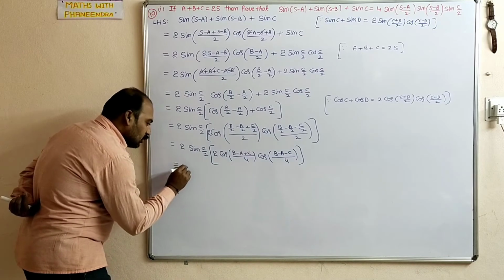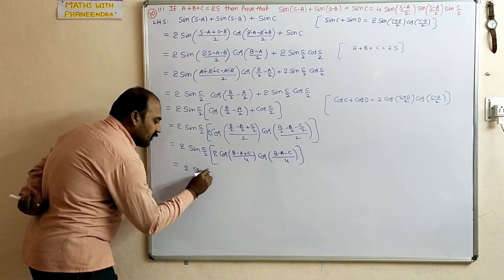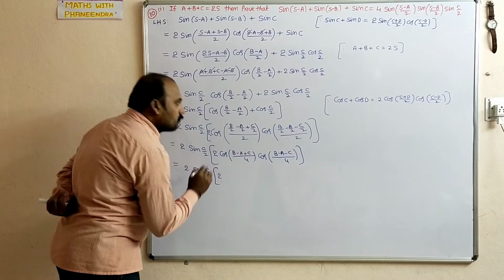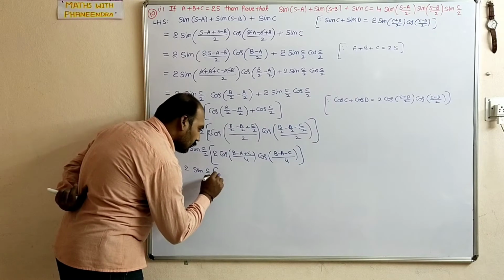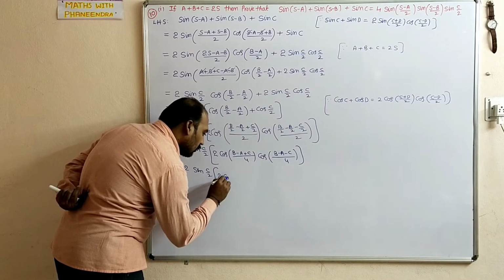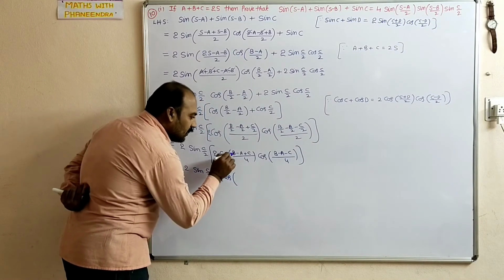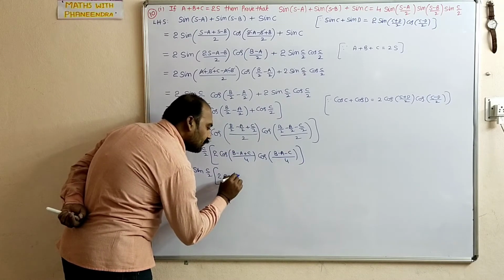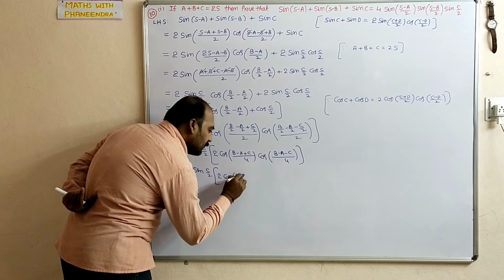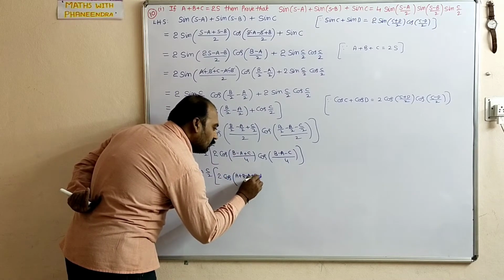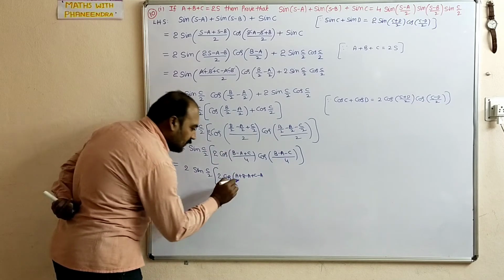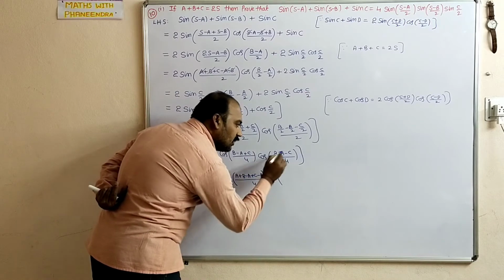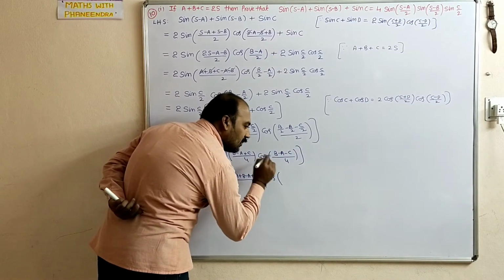So which is equal to 2 into sine of c by 2, 2 into cos of, here if you add and subtract a to this term, a plus b minus a plus c minus a, divided by 4, cos of, here also we are subtracting and adding b.